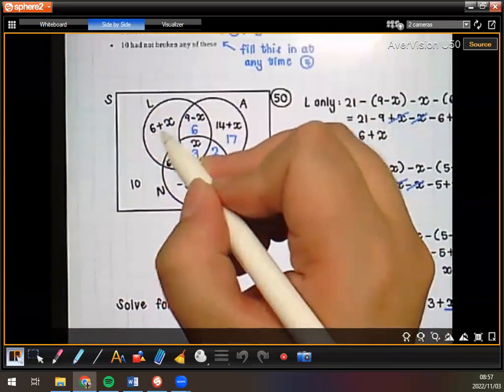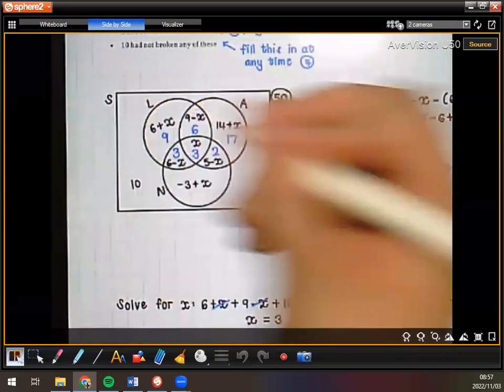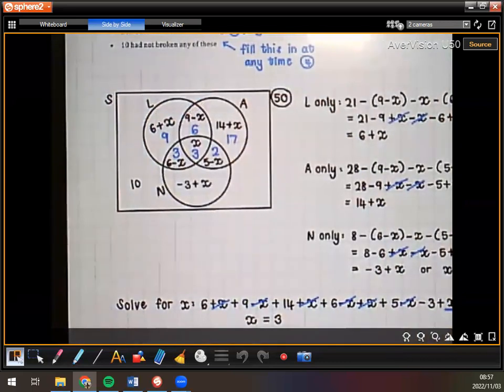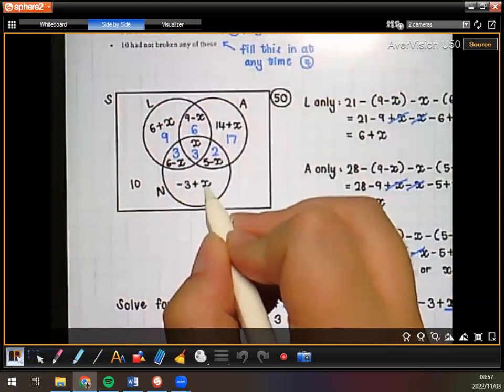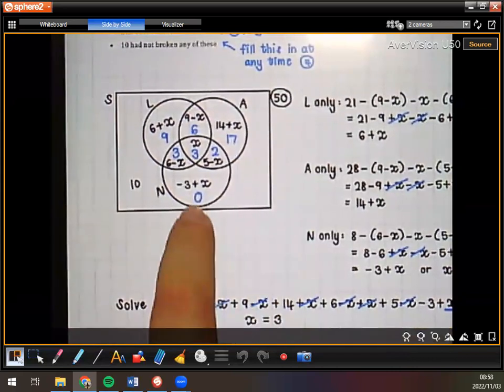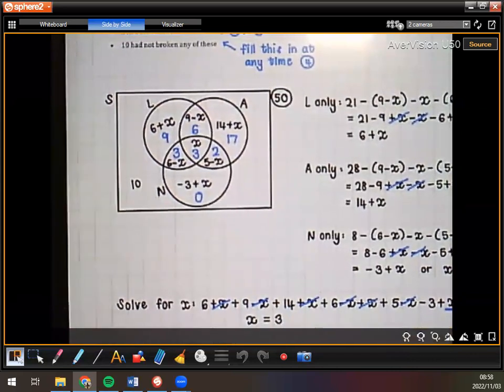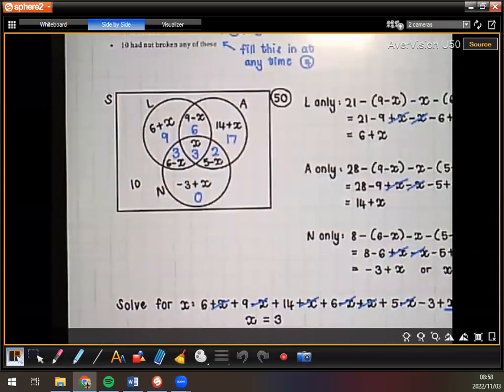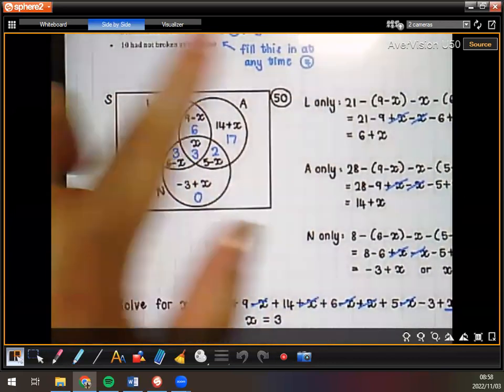For leg only we have 6 plus 3, that's 9. Now what's negative 3 plus 3? 0. Please do fill in 0. Okay, don't leave it blank. If you leave it blank, it's going to look like you didn't know the answer. The only place where you are allowed to leave it blank is if it's on the outside.